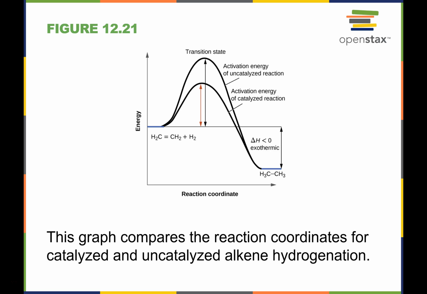This one doesn't look as dramatic, and to me, both mechanisms look like they are elementary reactions that occur in a single elementary step. But again, you look for the lower activation energy, and that is where a catalyst is being used.